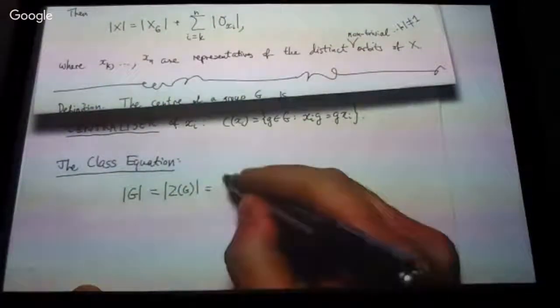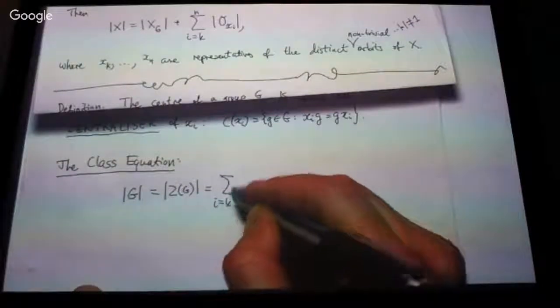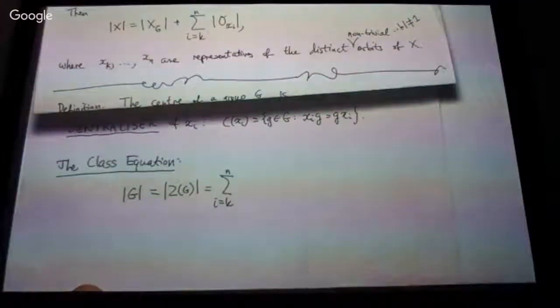And then you have to add, okay, and what's the size of the orbit? We know that the size of the orbit is the index of the stabilizer.